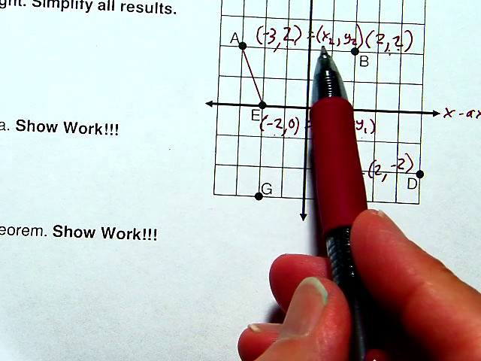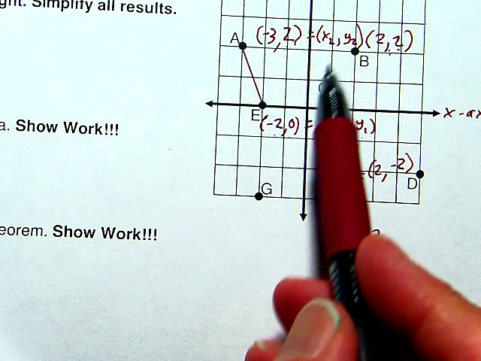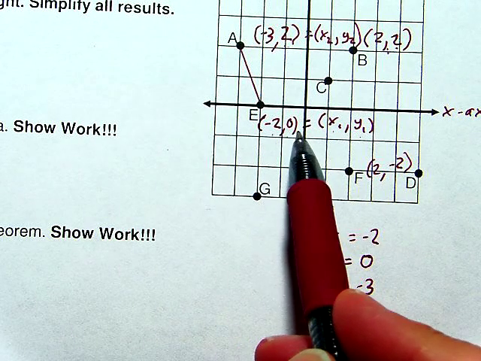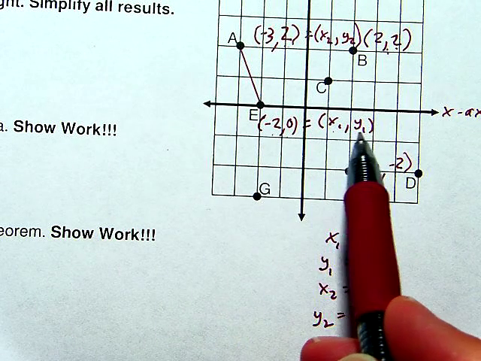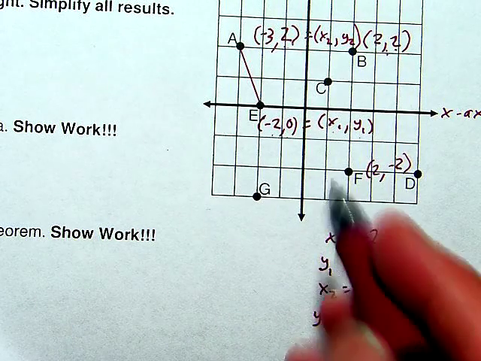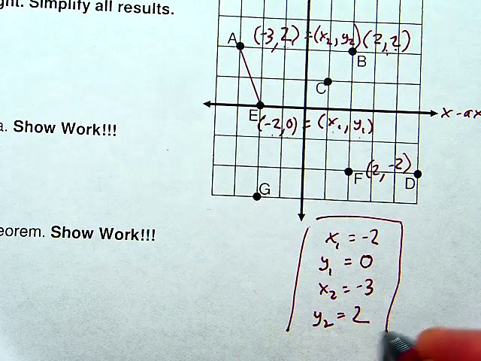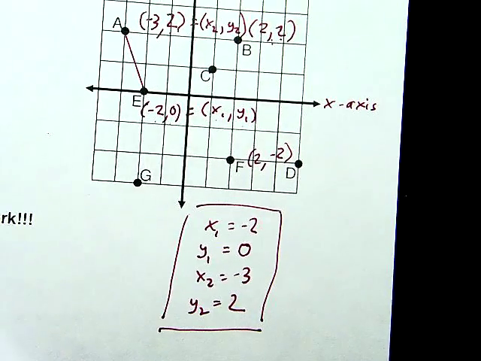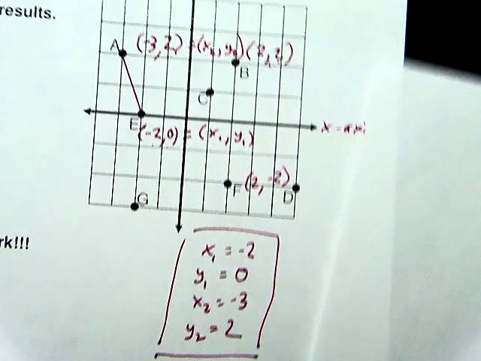I'm calling that point 2, so x2, y2. And E, which I'm calling point 1, has coordinates -2 and 0. I'm calling those x1 and y1. So I've made a little chart down here of all of the x1s and y1s and x2s and y2s, and you can check to make sure that it is correct.